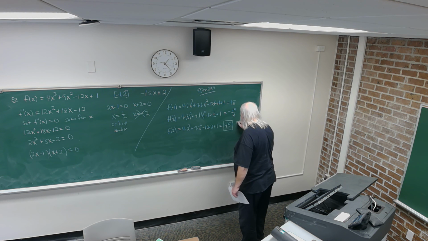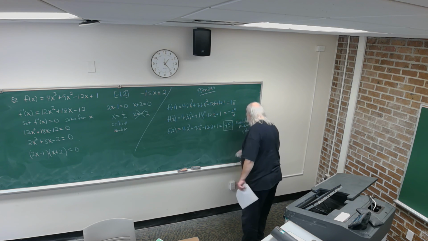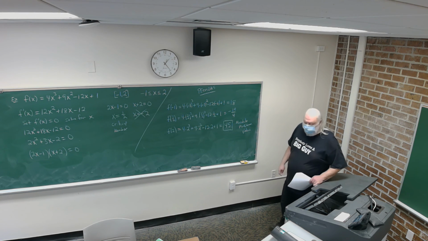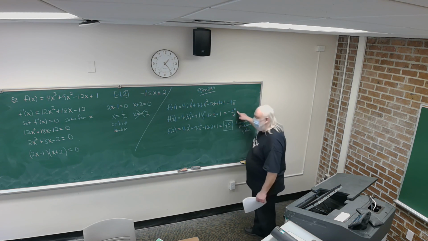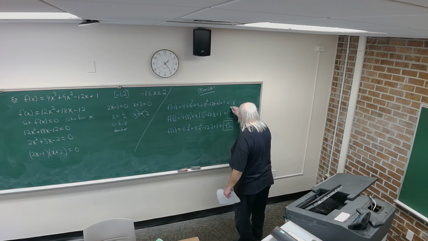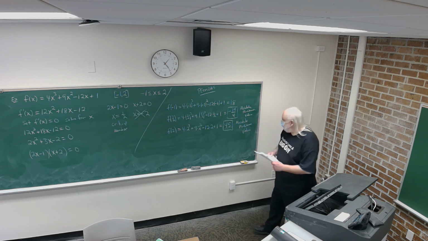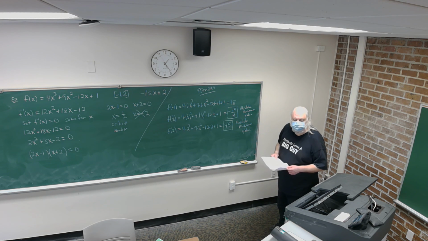This is the absolute maximum value. What's the absolute minimum value? It would be this guy, right? It's negative, and that's positive. So this is the absolute minimum value. And we're done.